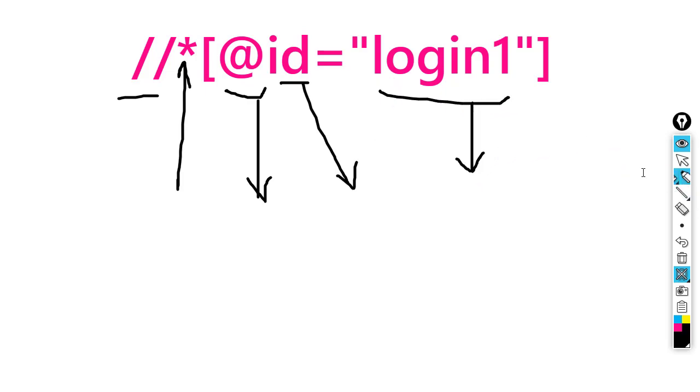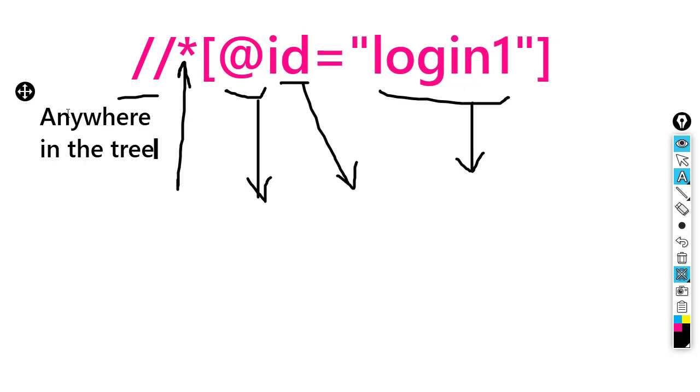So first thing first, this double forward slash tells us that any root, right, or more specific, anywhere in the tree, right? First thing done.